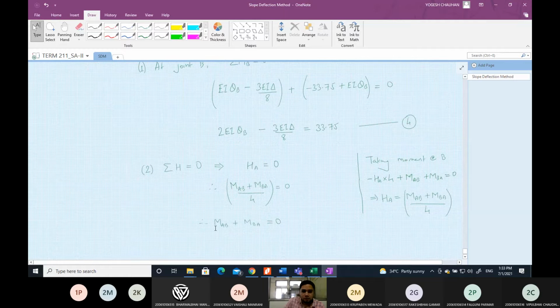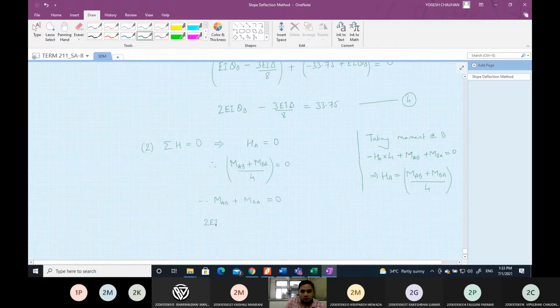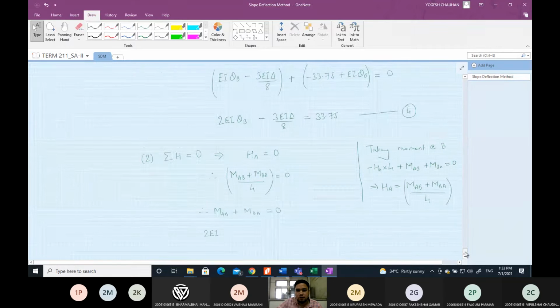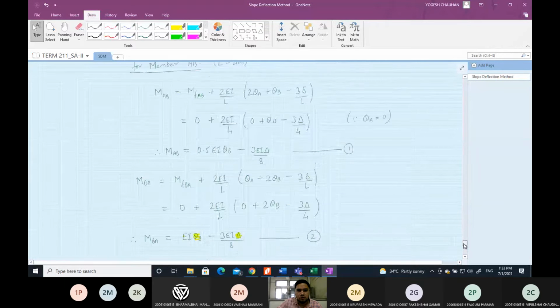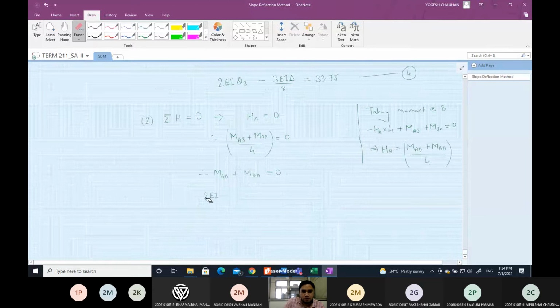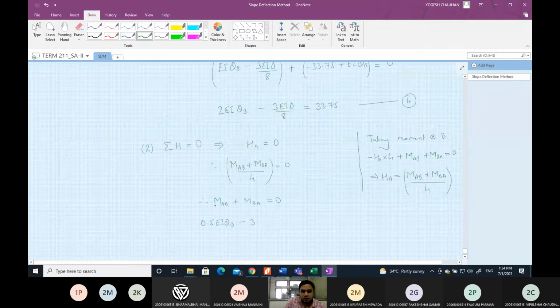Now what are MBA and MAB? MAB will be 0.5 EI theta B minus 3 EI delta by 8, plus this, that is EI theta B minus 3 EI delta by 8, equal to 0.